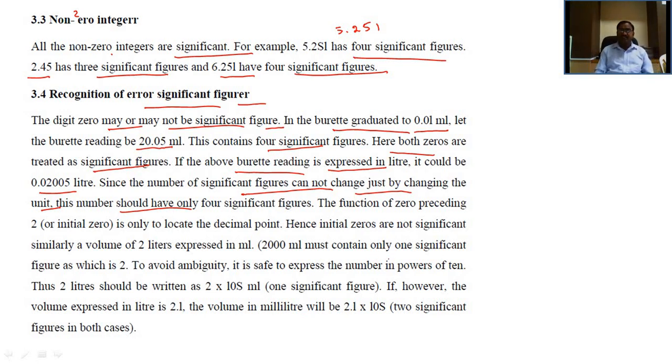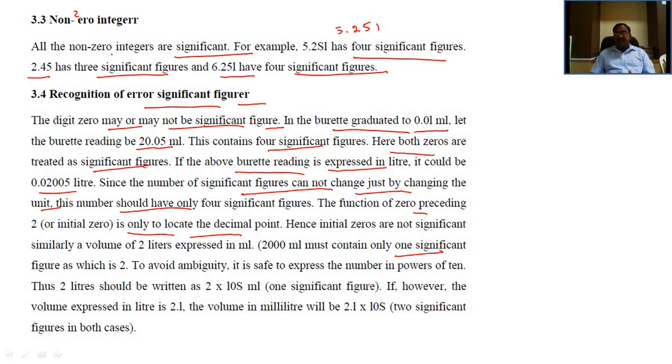The function of the preceding zeros is only to locate the decimal point, hence these initial zeros are not significant. Similarly, a volume of 2 liters expressed in ml, 2000 ml, would appear to contain only 1 significant figure, which is not true.